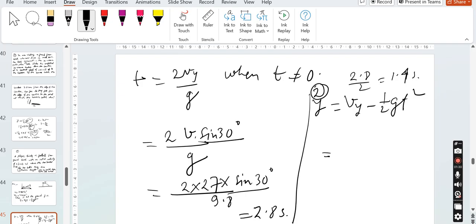So that will be V sin 30 degree times t minus half of 9.8 into 1.4 whole square. V is 27.